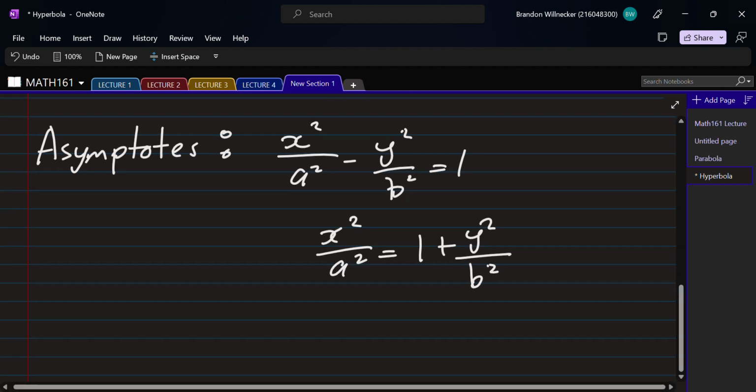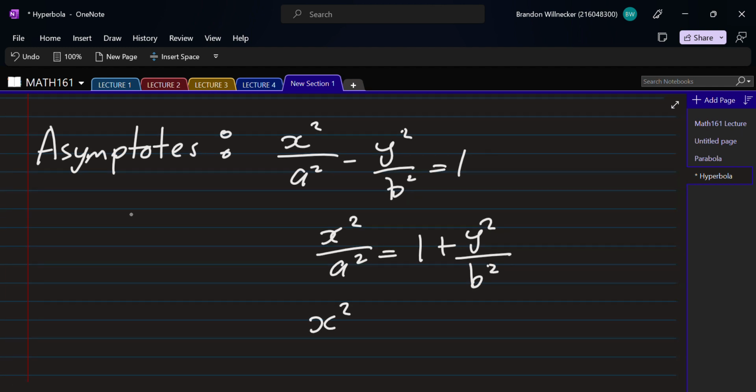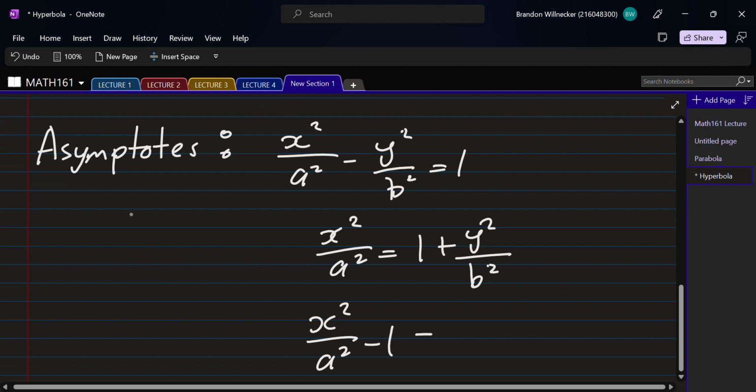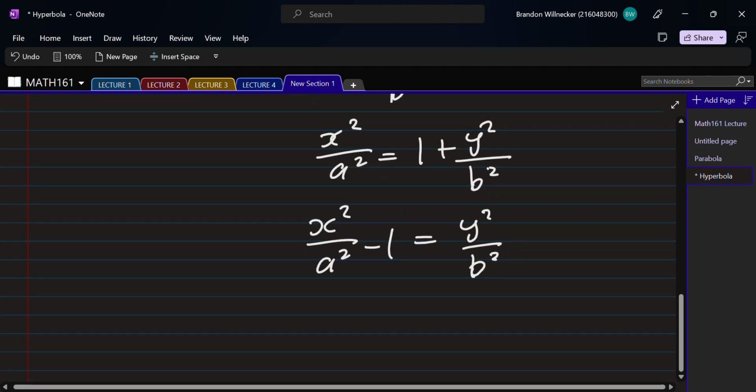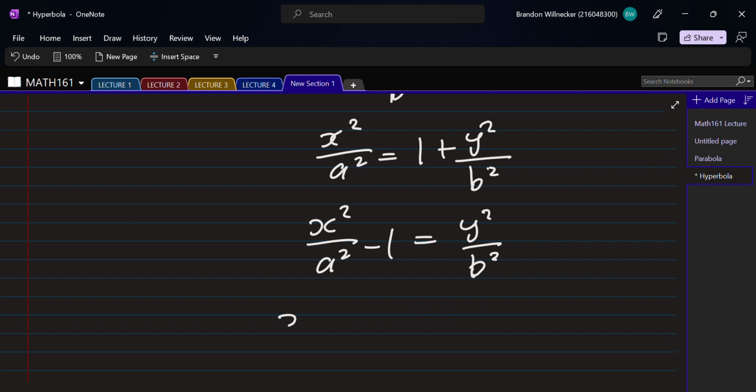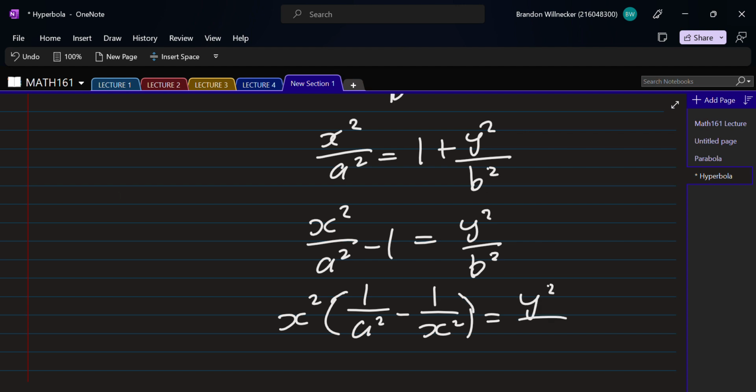Then we can subtract the 1. So we have x squared over a squared minus 1 is y squared over b squared. Then we can factor out an x squared on the left there. So we have x squared times (1 over a squared minus 1 over x squared) is equal to y squared over b squared.